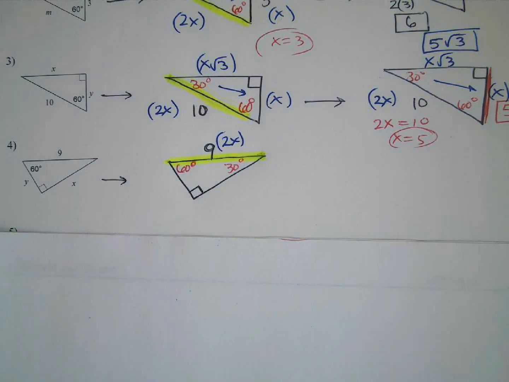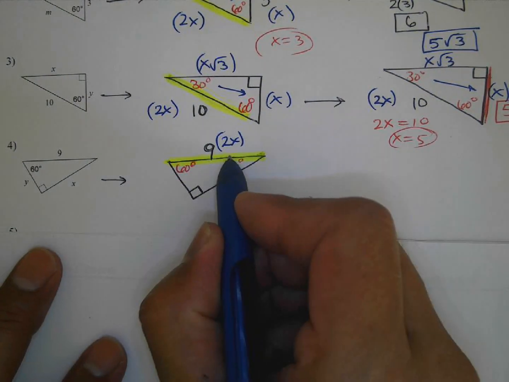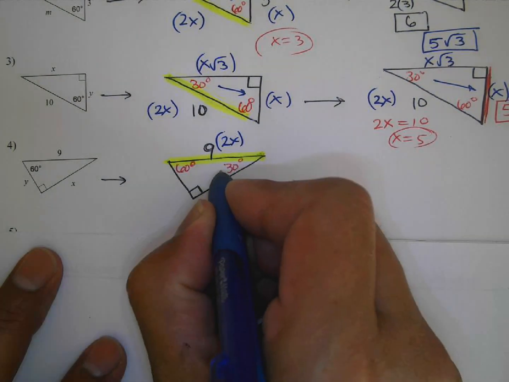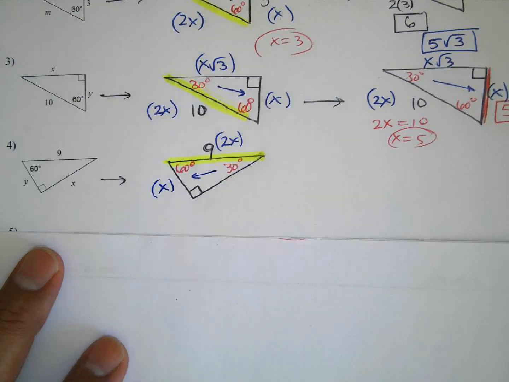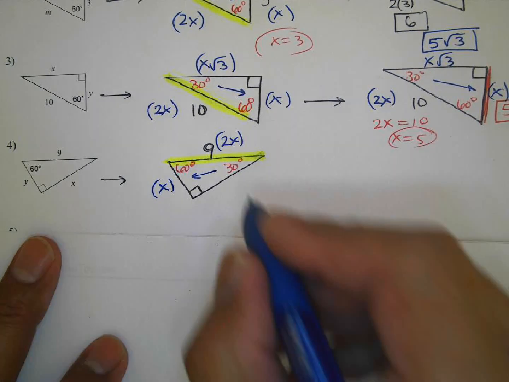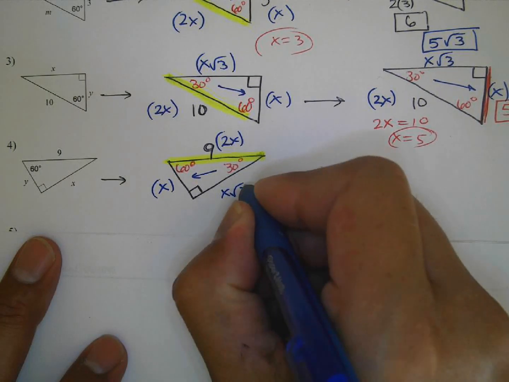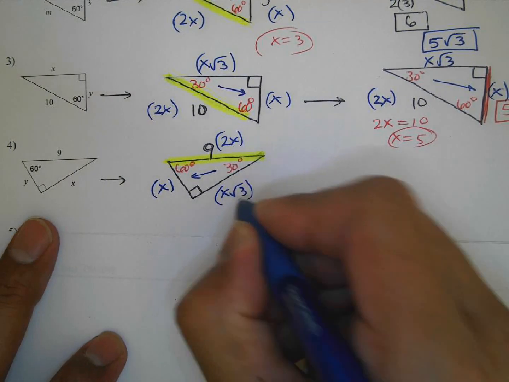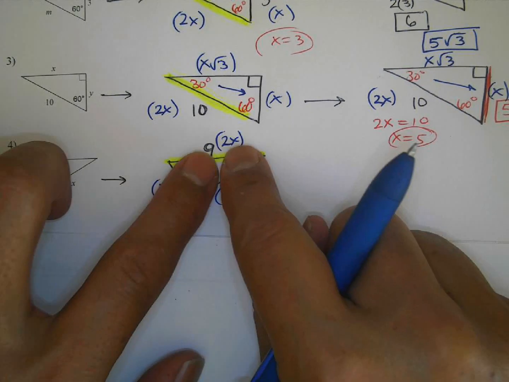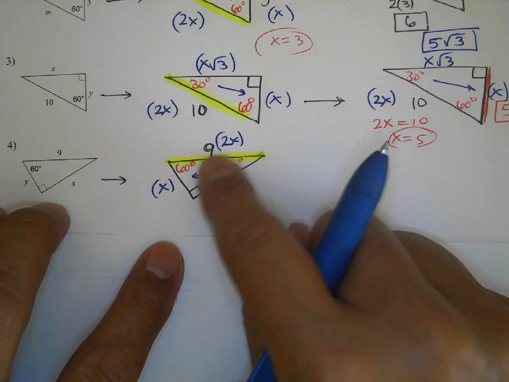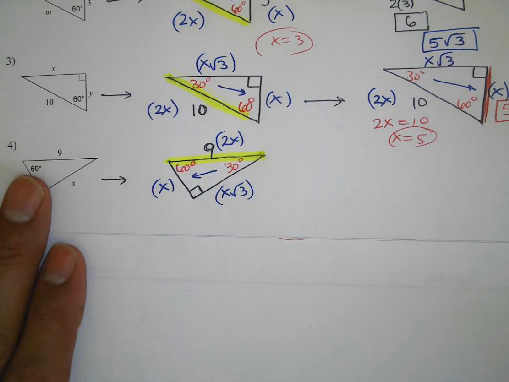Now it's getting interesting. The next side is the one across from 30. Across from 30 is what? Your x side. And then your x root 3 side. Okay. Well, I can't start here. I got no number. I can't start here. I have no number. You have to start with the side that has a number value with it.